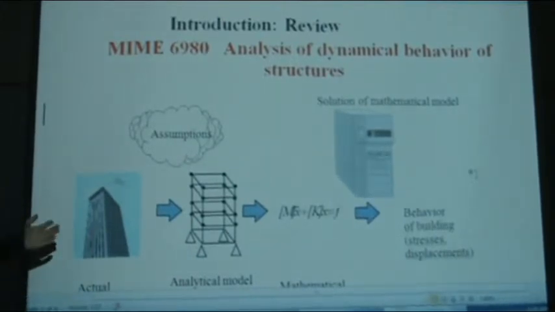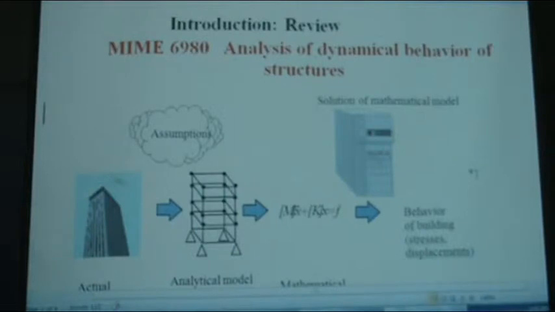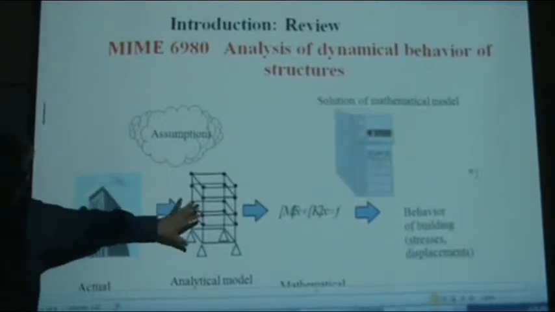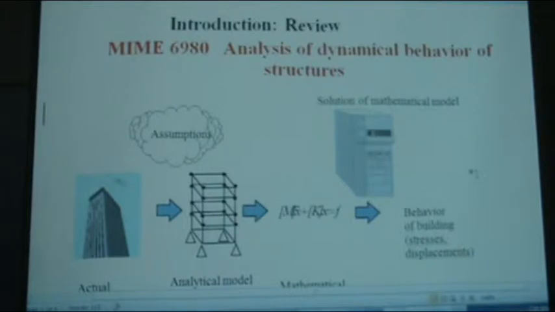And we said that the most challenging task is to go from something that is real into a model, a simplified model. There's no structured approach for that. You have to rely a lot on experience and intuition.